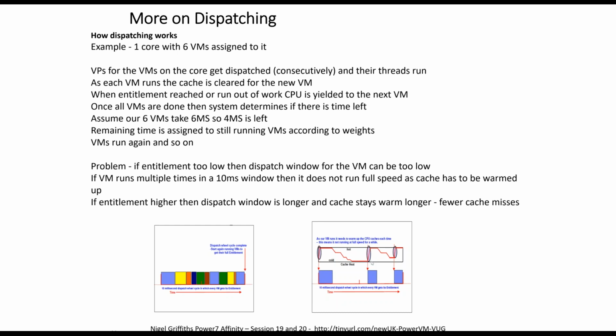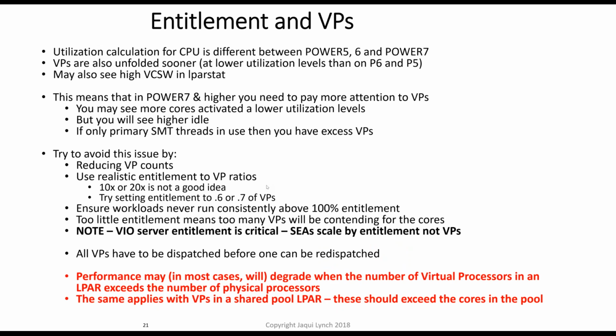And the issue with doing that is that while it's only milliseconds, if you're doing this all the time for those LPARs, you're spending a lot of time getting context switched and getting yourself dispatched and undispatched, and you're going to have more cache misses. So appropriately sizing your entitlement is really important. And that's really what all this is going into here.